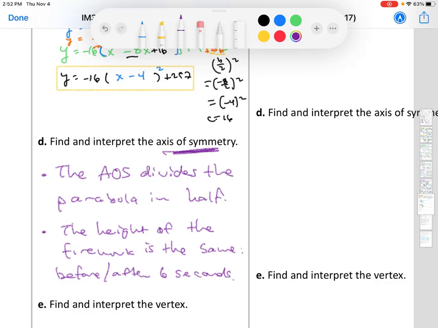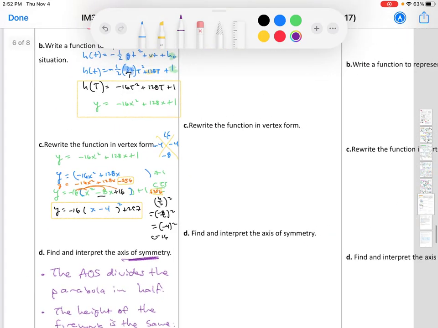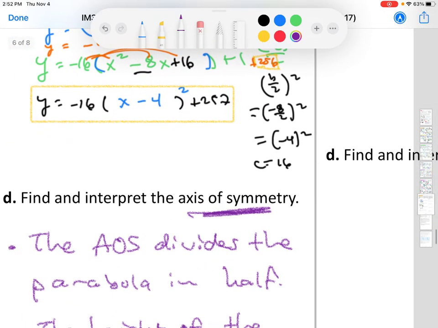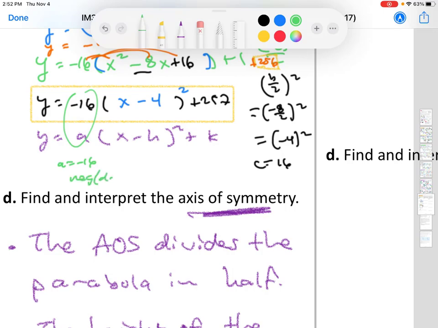So where did I get the 6 seconds from? So if you take your h and k, so a is negative 16, so I know it's negative, so it's opening down. My h value is 4, and k is 257.